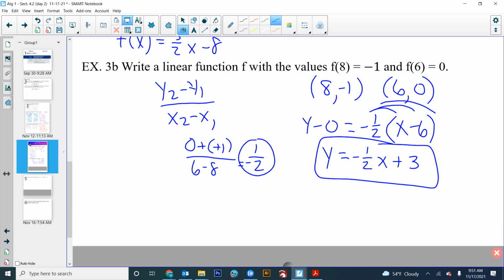Now we have one simple step left. We need to put it in what? Function notation. So what do I replace the y with, guys? f of x. Thank you, Bailey. f of x. That's the only thing different today.